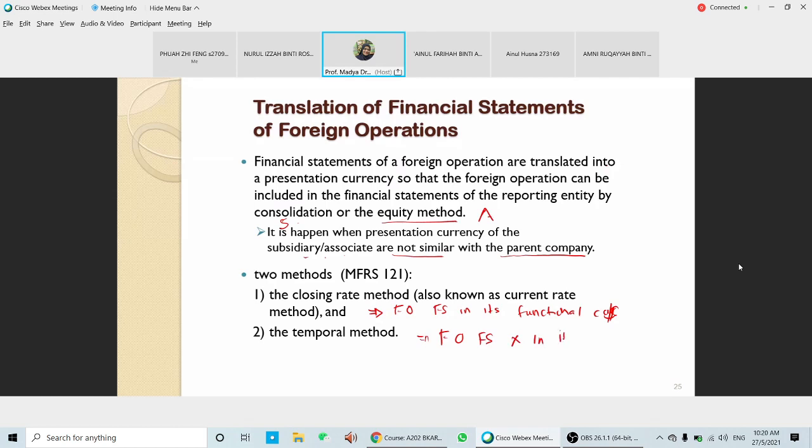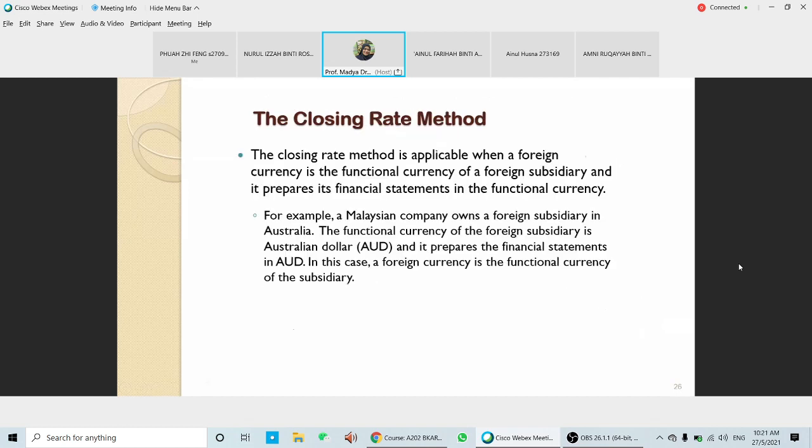That is the difference, so you have to be careful with the statements. These statements are given here to differentiate which method you are using, either the closing rate method or the temporal method.